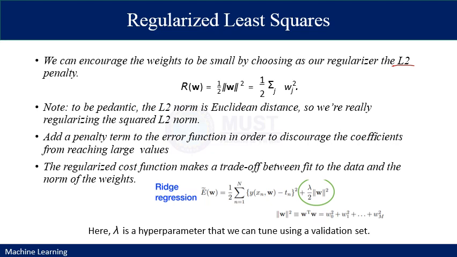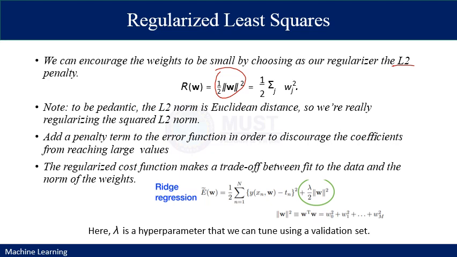So we add a term to the cost function so that our model is regularized. Note, to be more pedantic, the L2 norm is a Euclidean distance. So we are really regularizing the squared L2 norm. So you add this penalty term to the error function in order to discourage the coefficient from reaching a large value.